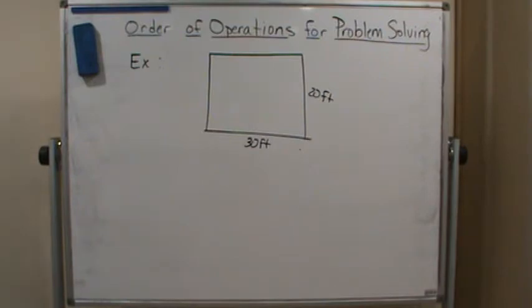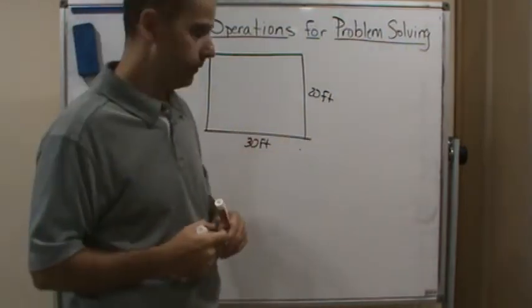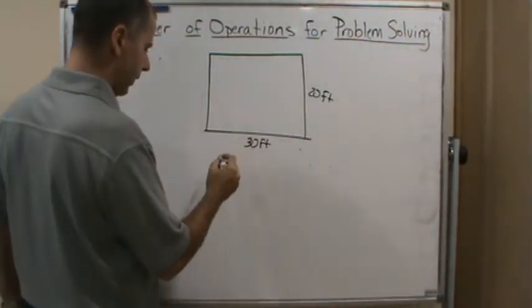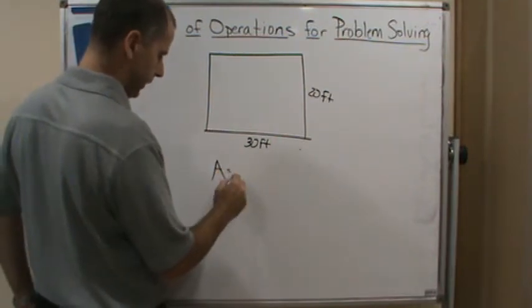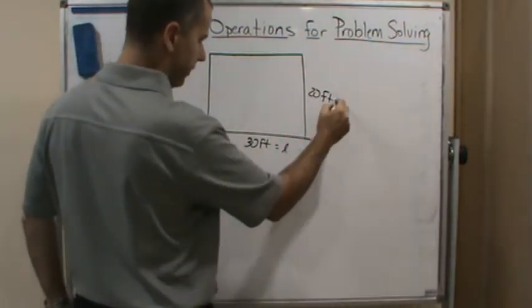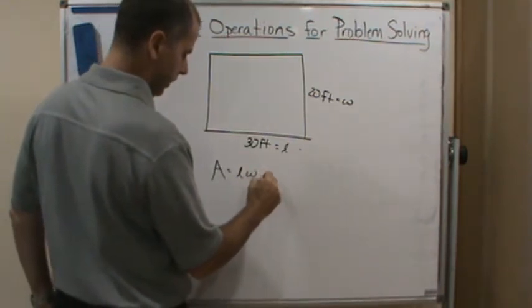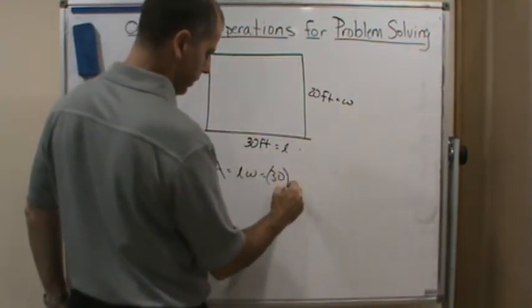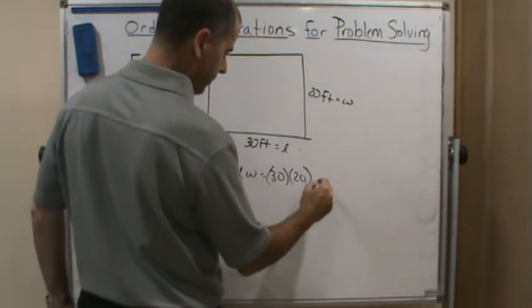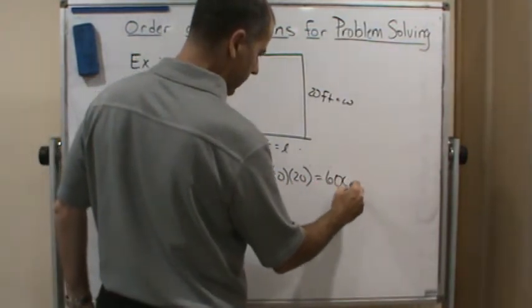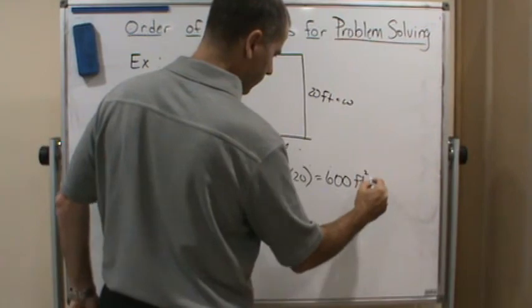And so let's figure out the area we need to cover. The area of the roof, again, is length times width. So it's going to be 30 times 20. And so that's going to be 600 square feet.